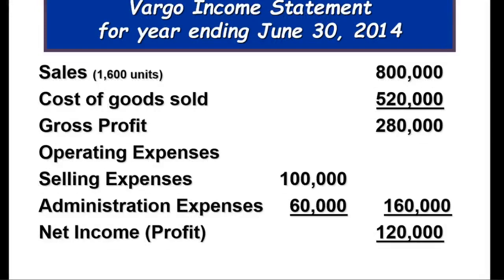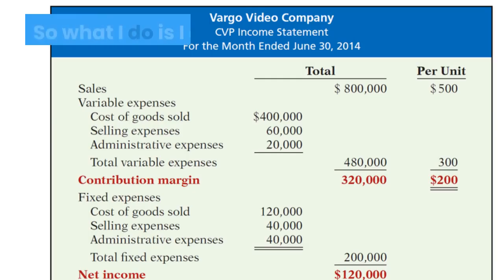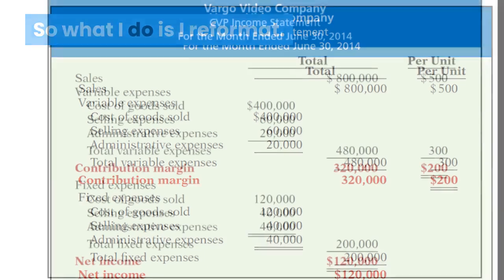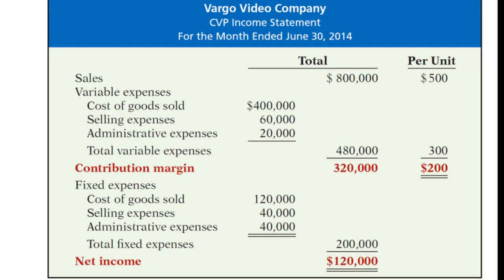But for a management accountant, for managers, this statement is not very useful. Now I know the cost of goods sold: part of that is fixed and part of it is variable. I know the selling and administrative expenses: some are fixed and some are variable. So what I do is I reformat. I don't change anything, I just reorganize the expenses into those that are variable and those that are fixed.